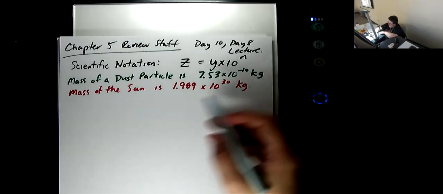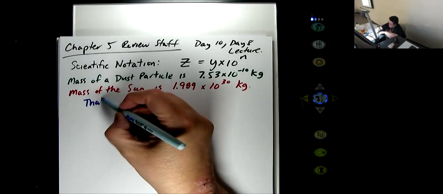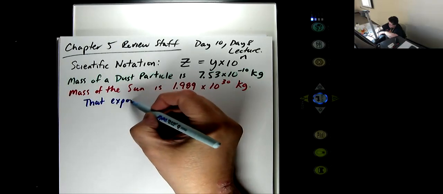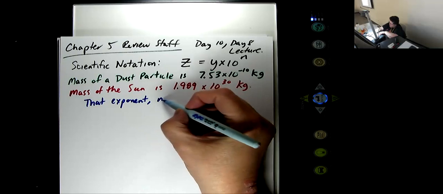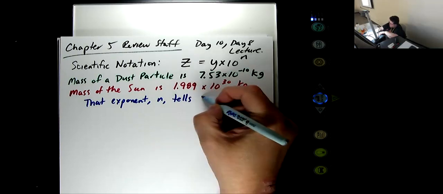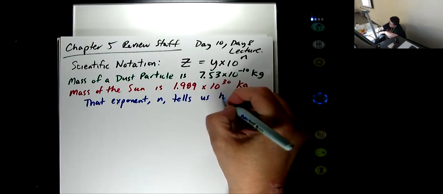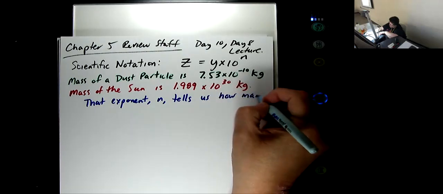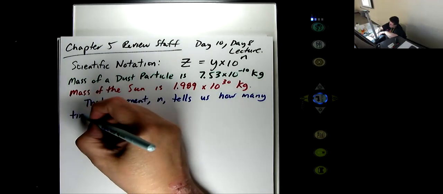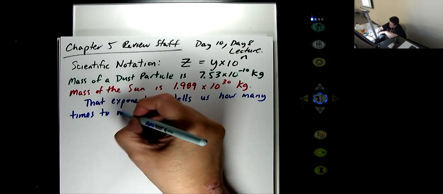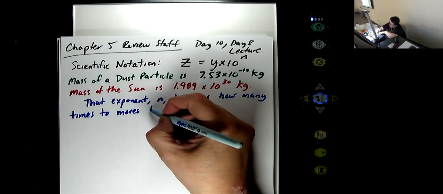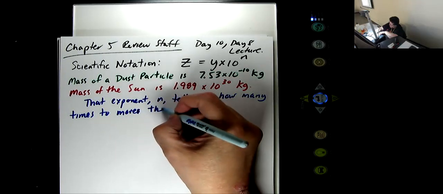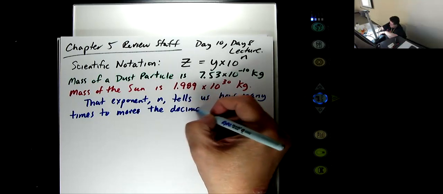That exponent n tells us how many times to move the decimal point to get the real value.